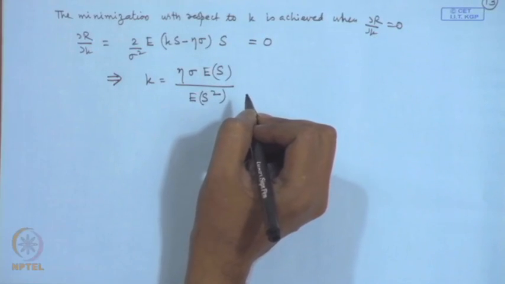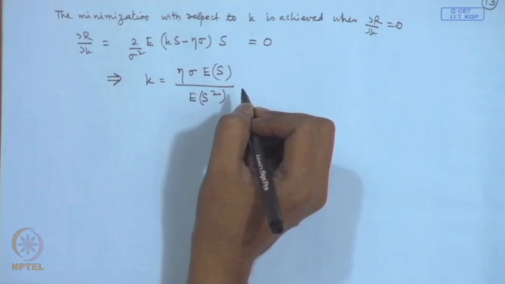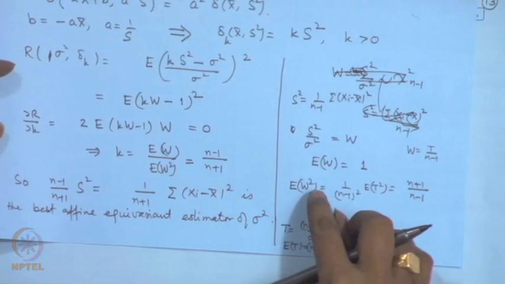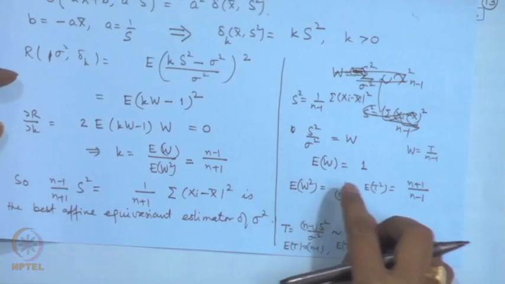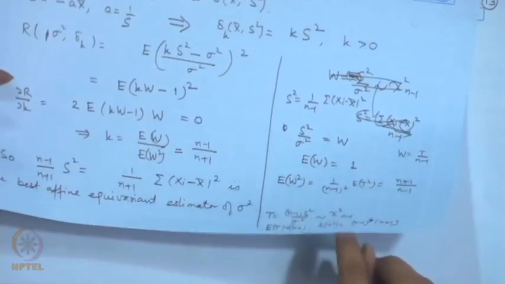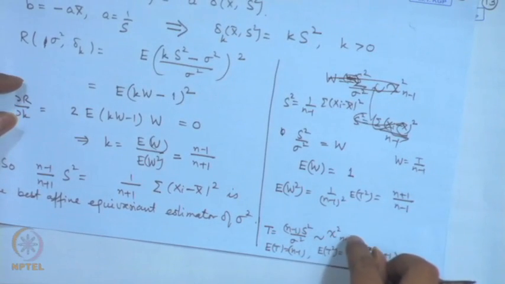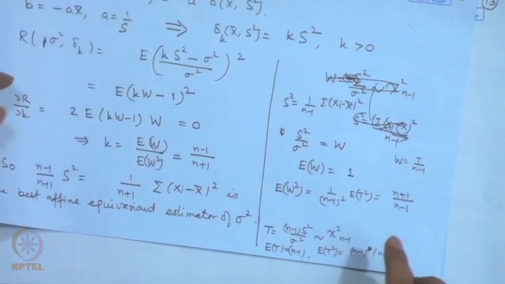Now, if we use the terminology used in the derivation for estimation of sigma square, we had defined T as n minus 1 s square by sigma square, then this is following chi-square distribution on n minus 1 degrees of freedom.